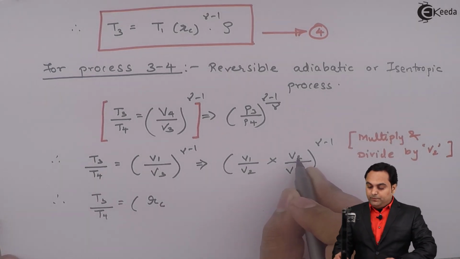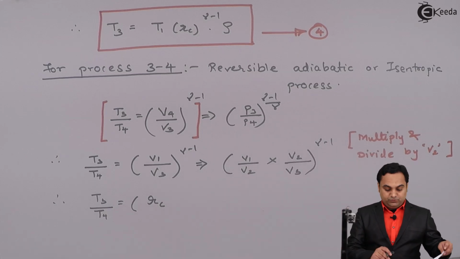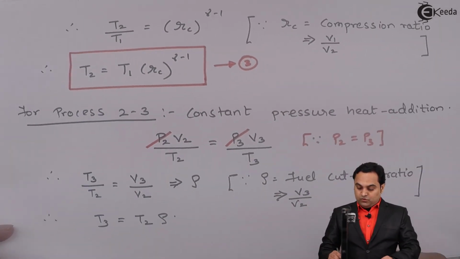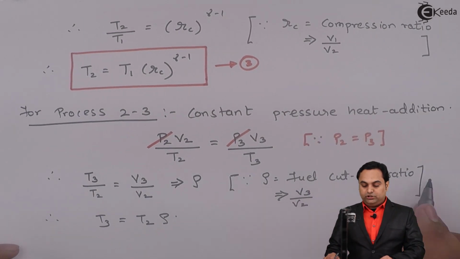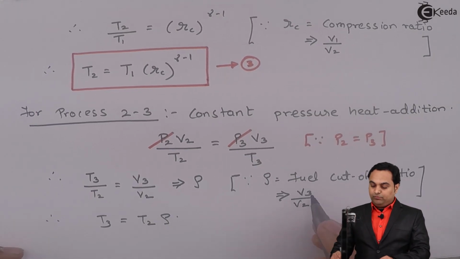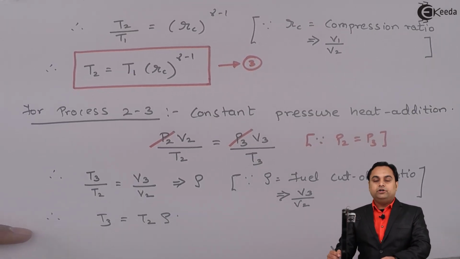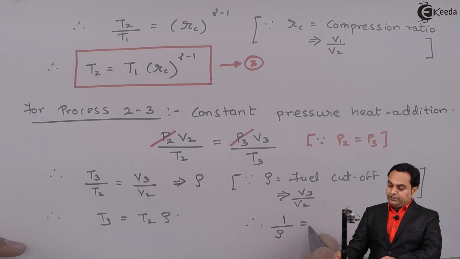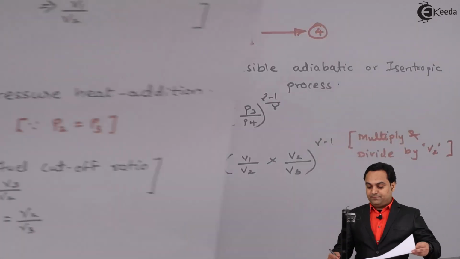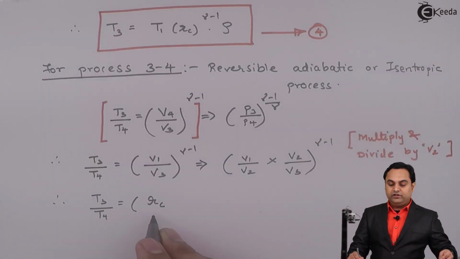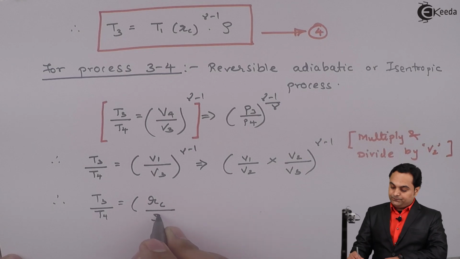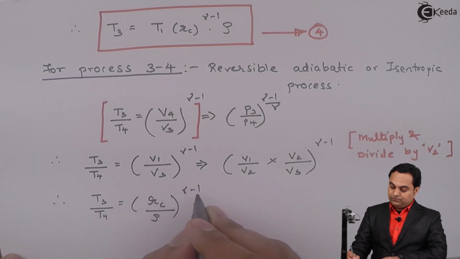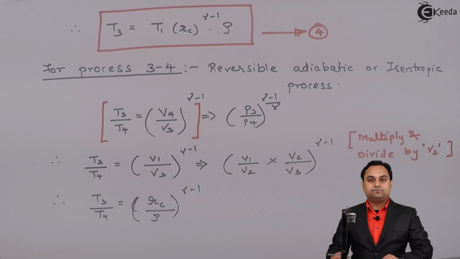Then V2 by V3, see, V3 by V2 is the fuel cutoff ratio. So if I write V2 by V3, this rho will come into the denominator, that is, if I write it in the reciprocal form, 1 upon rho will be V2 by V3. So the same thing is happening here. Here we have V2 by V3, so rho will go into the denominator, raised to gamma minus 1.